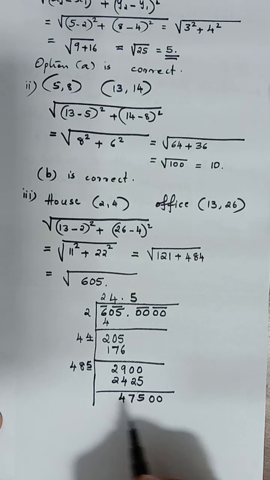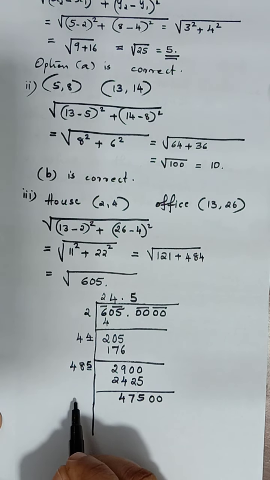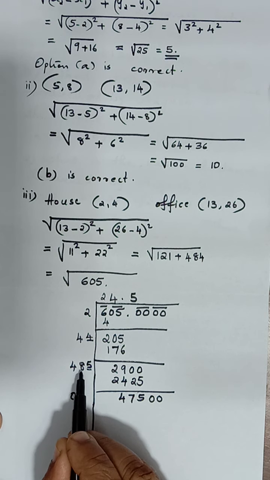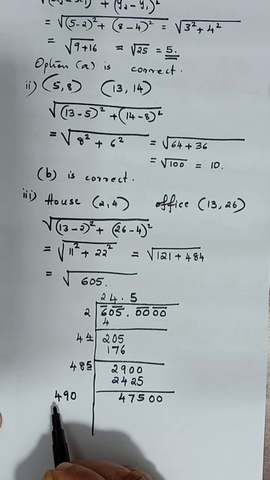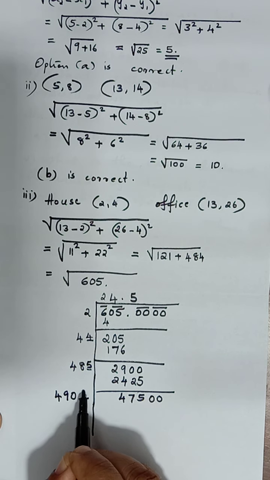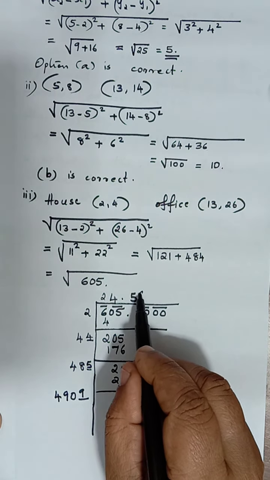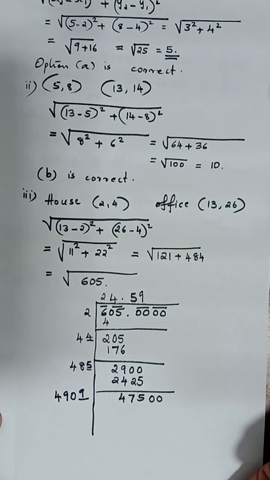Bring down both zeros. 5's double now, 5's double is 10. 1 remainder goes with 8, so it becomes 9, 4 as it is. So next number we are choosing. Choose the correct value. We have 9 here.